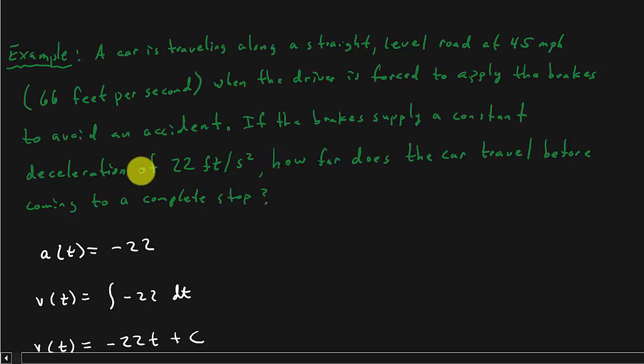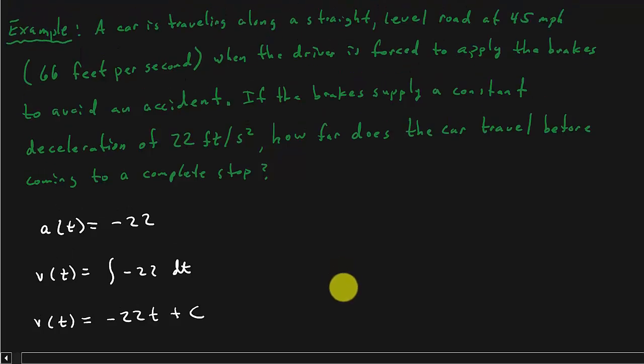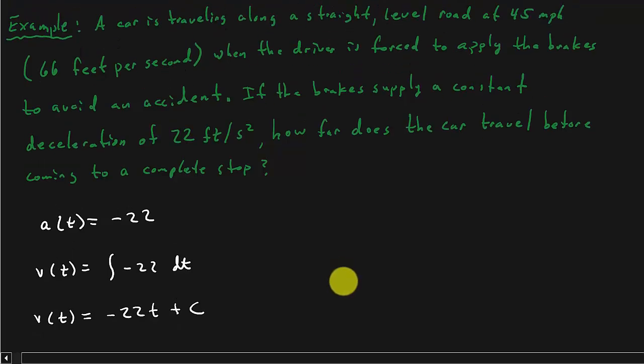But notice how our acceleration is in feet per second squared, so instead of using miles per hour, we need to use feet per second. Oh, I was just wondering why they were giving us 66 feet per second in parentheses, right? You see that? They were nice to us on this problem. They didn't make us convert it.